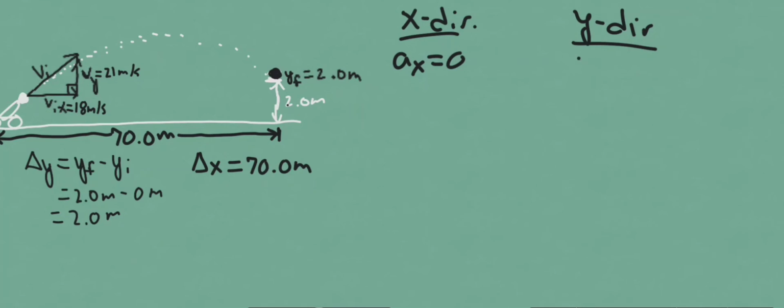In the y direction, depending on which planet we're on, and we're talking about Earth here, acceleration is going to be negative 9.8 meters per second squared. Negative because it's downward. It's a vector quantity, so you can write an arrow, but if I don't, still know that it's a vector quantity. So acceleration in the y direction is equal to negative 9.8 meters per second squared, because of the acceleration due to gravity on Earth.